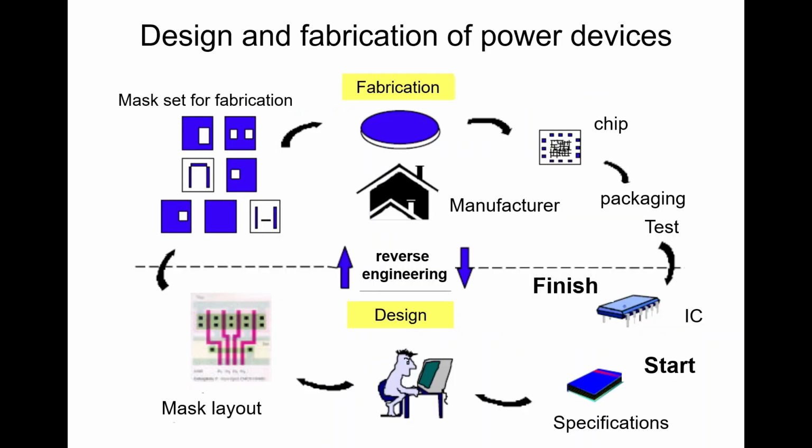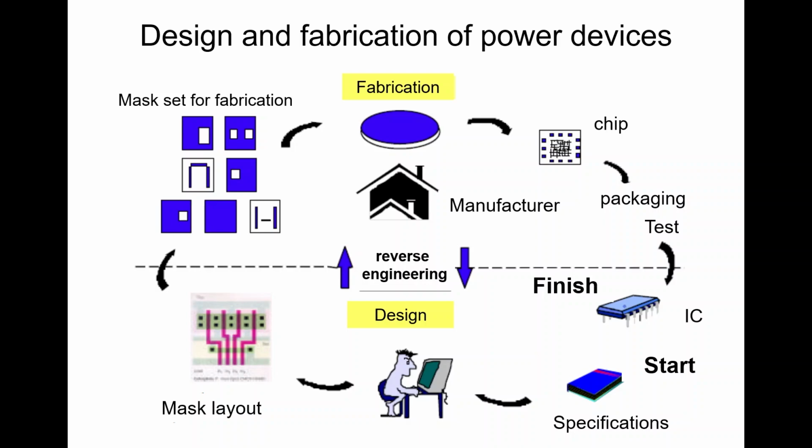Okay, some quick words about fabrication for people who are not familiar with device fabrication, or for people working at the system level, for example. But you probably all know that you start with some specification, what your customer, the company wants, then you design that, which allows you to generate a mask layout.